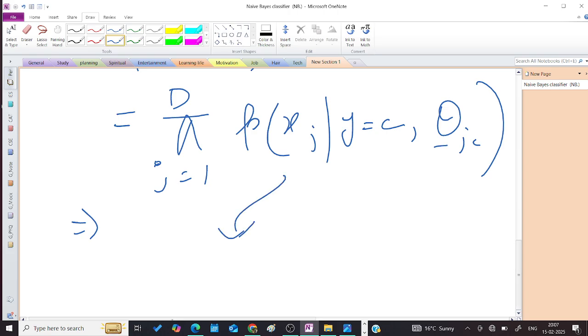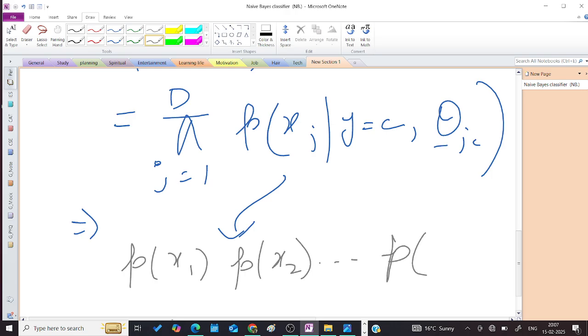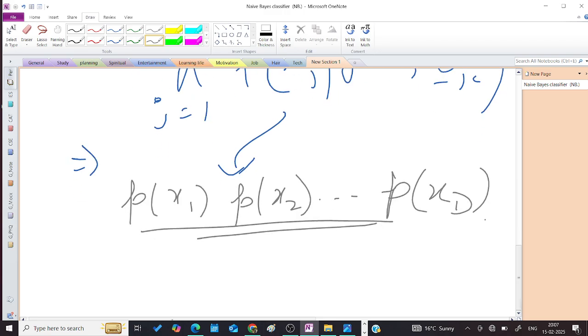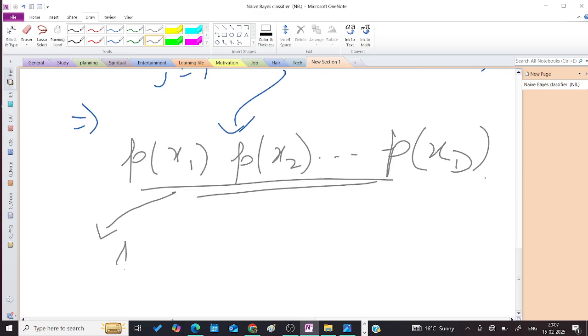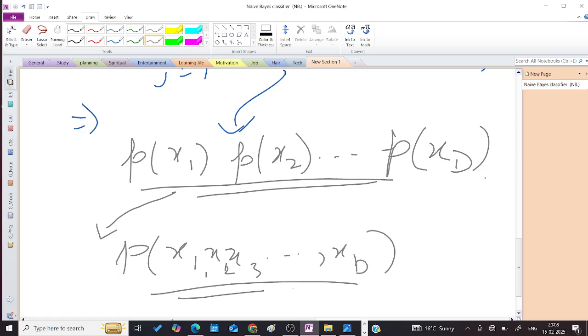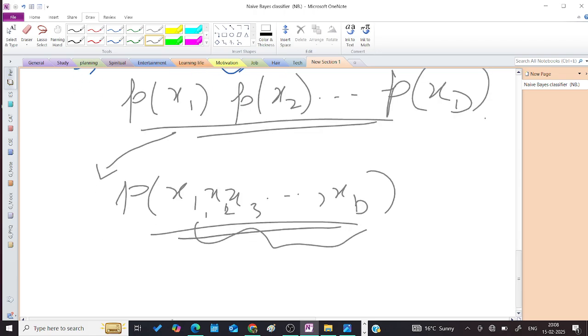So you can understand this. I have written just p of x1, p of x2, dot dot dot, p of xd, right? So this can all be multiplied because we are trying to find p of x1, x2, x3, xd all happening together. So this is nothing but p of x.